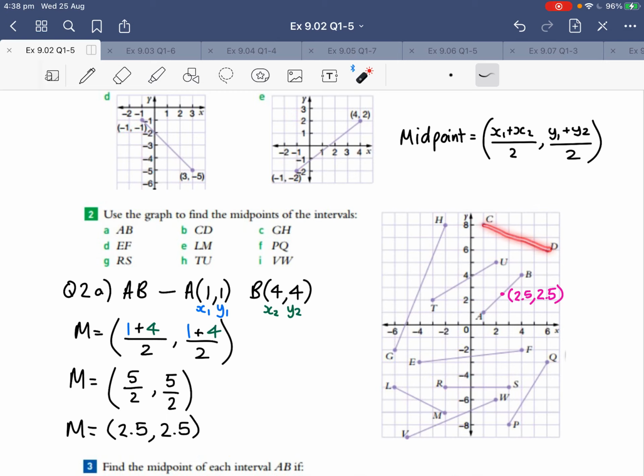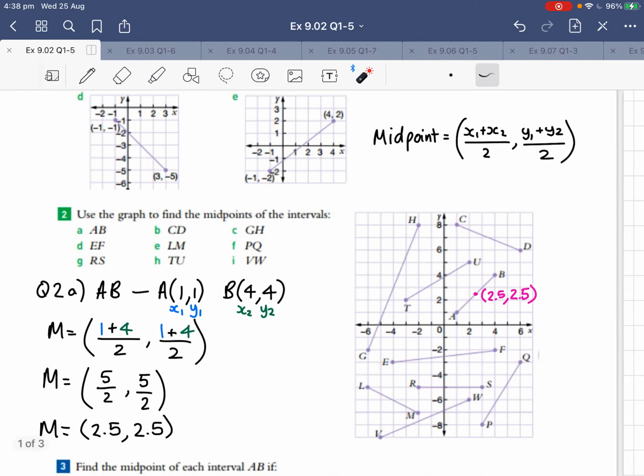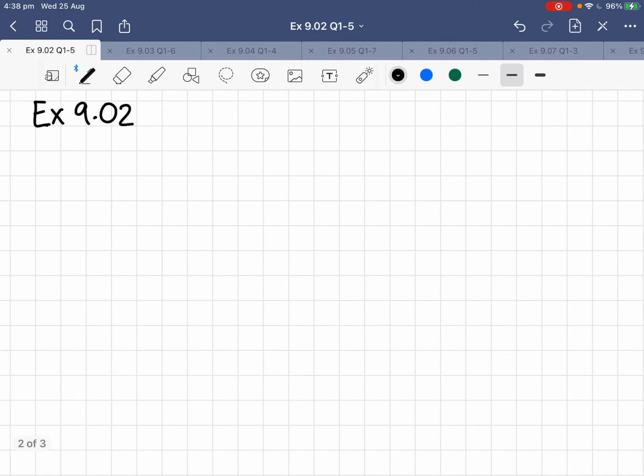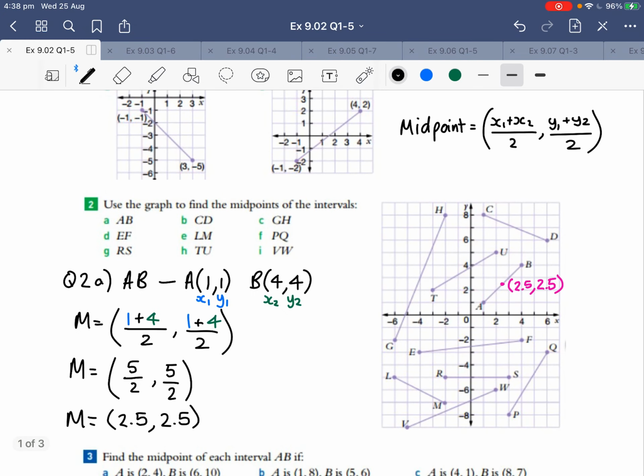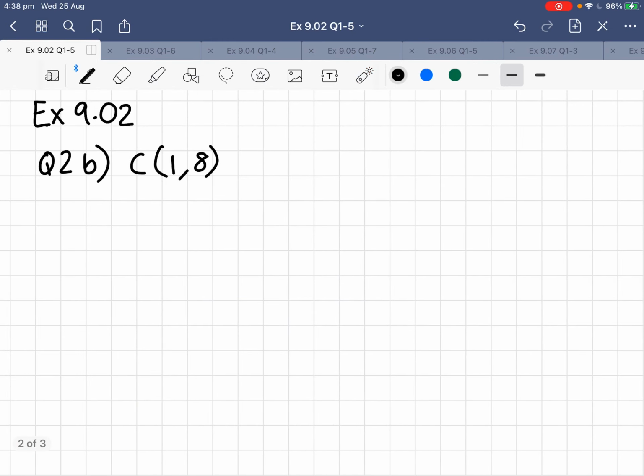I will do the midpoint of the line CD. So for CD, our coordinates, for C, it's 1, 8, and I'm going to do it over on this page here. So this is question 2B. So we have C, which is coordinates 1, 8, and we have D, which is here, which has coordinates of 6, 6.